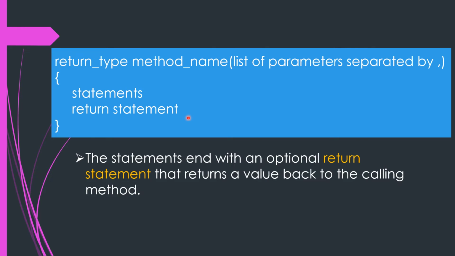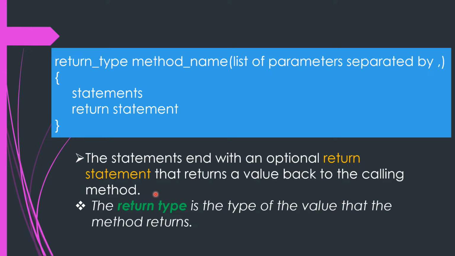Why have we written this return statement? Because it returns a value back to the calling method. It will return a specific value to the calling method. The return type is the type of the value that the method returns.